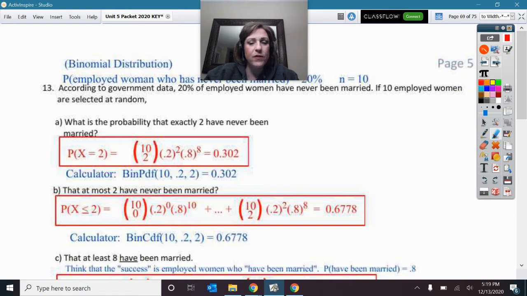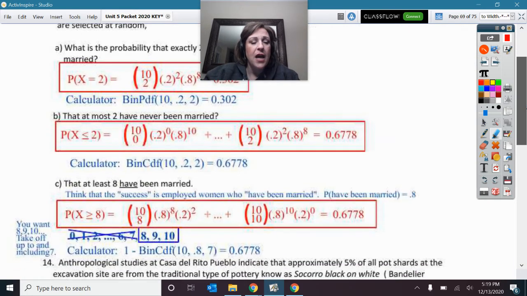All right, now we've got just some pretty straightforward ones here. We had 10 employed women, so that's a set n. So therefore, we have a binomial situation. Exactly 2 of them have never been married, so 10 choose exactly 2. So that's just setting up that binomial there.